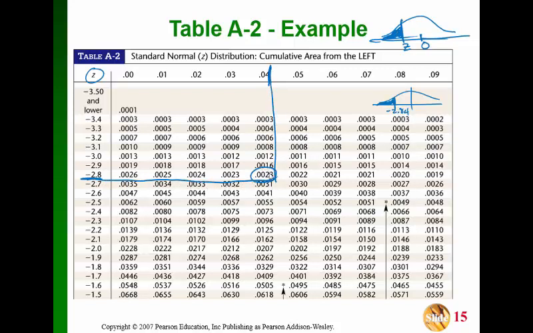And this area here is 0.0023. And that area would correspond to some sort of probability if I was doing a probability problem. Okay, so that's how you would use a table.